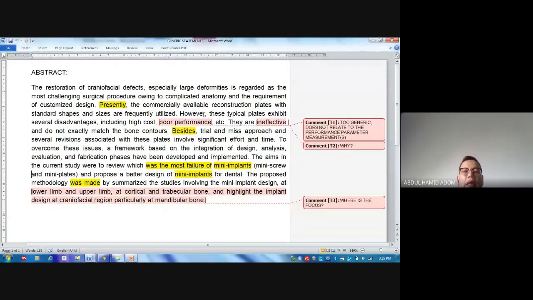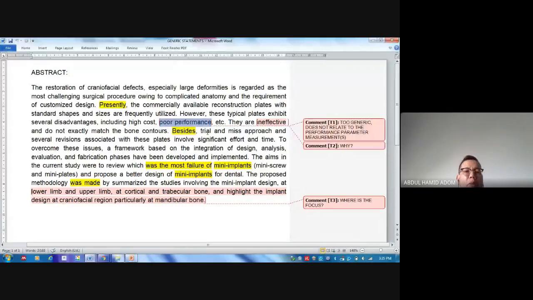This is the example for generic terms. Too generic, does not relate to performance parameter measurements. They said poor performance, high cost, poor performance. This is all relative because you do not state the performance parameter.